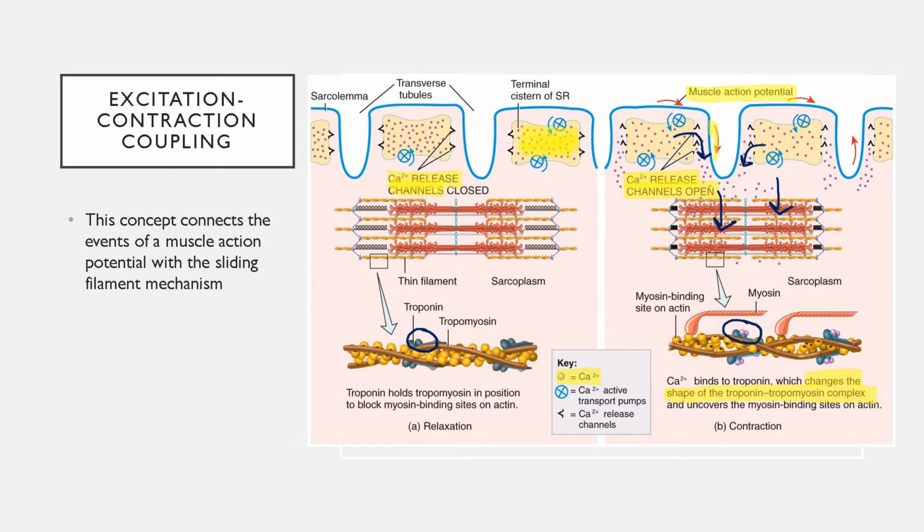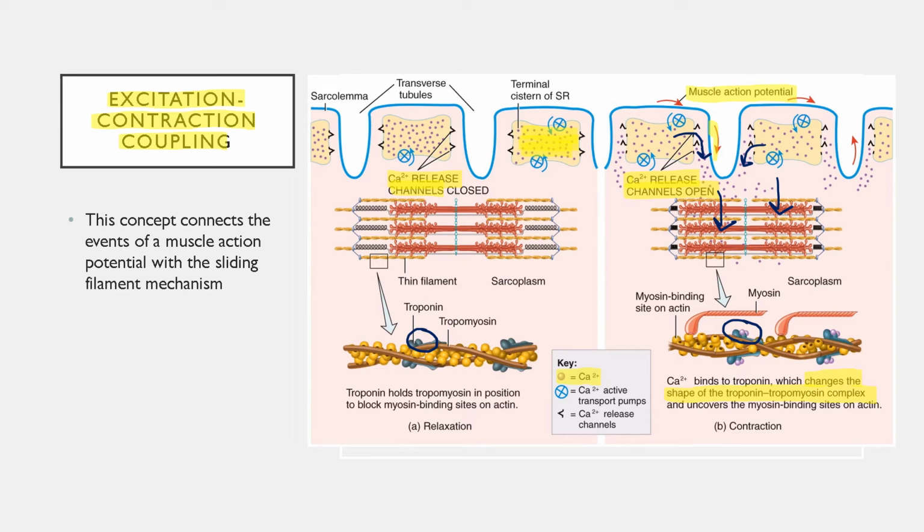Now, these events leading up to the contraction cycle are referred to collectively as the excitation-contraction coupling, as these are going to be the steps that connect excitation, or the action potential propagating along the sarcolemma and into the T-tubule, to contraction, the sliding of the filaments.